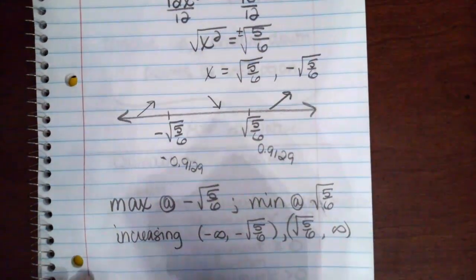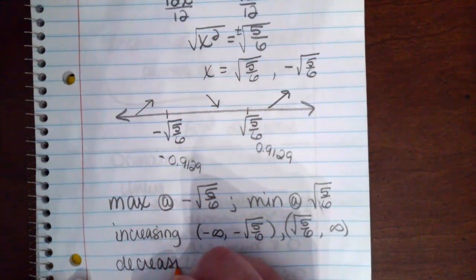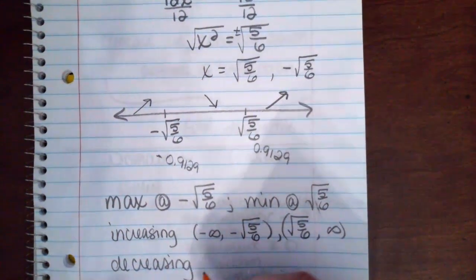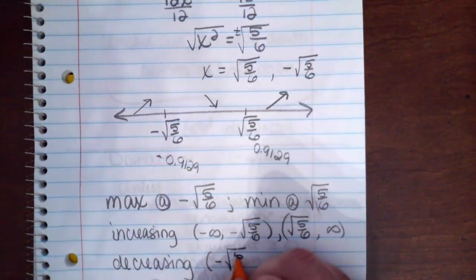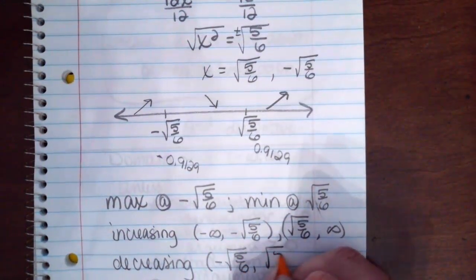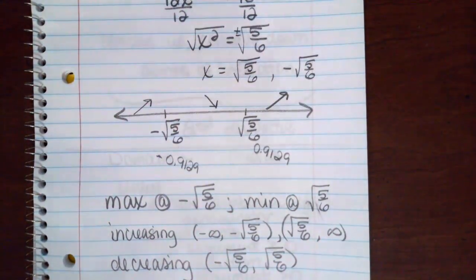Where is my function decreasing? Decreasing from negative root 5/6 to positive root 5/6. Okay, let's try another one.